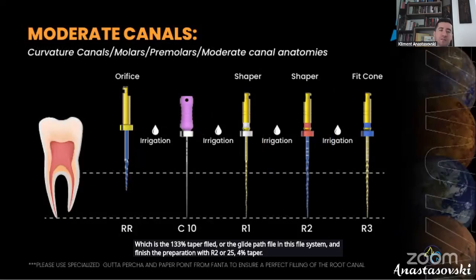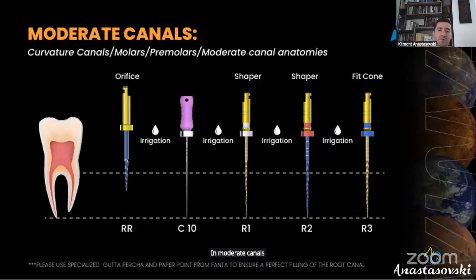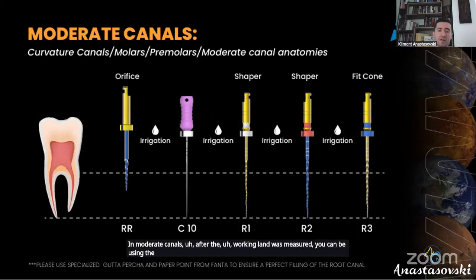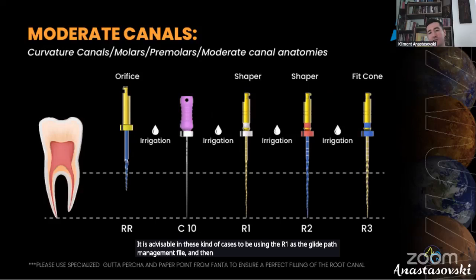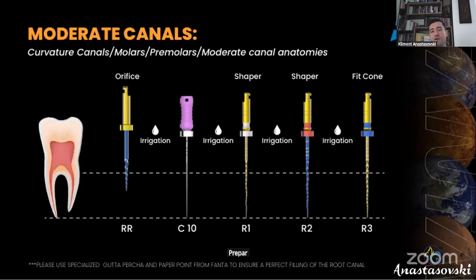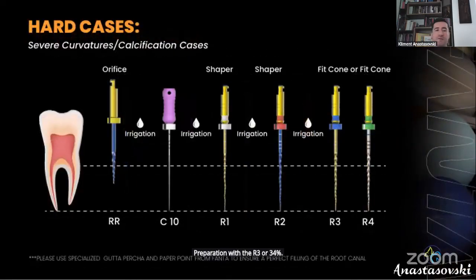In moderate canals, after the working length was measured, you can use the R1. It is advisable in this kind of cases to use the R1 as the glide path management file, and then after that use in the same sequence the R2 and finish the preparation with the R3 or 34% taper file.